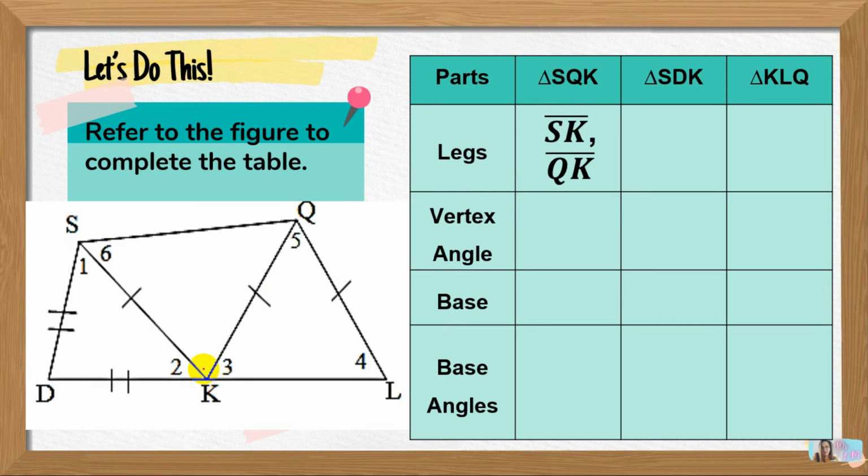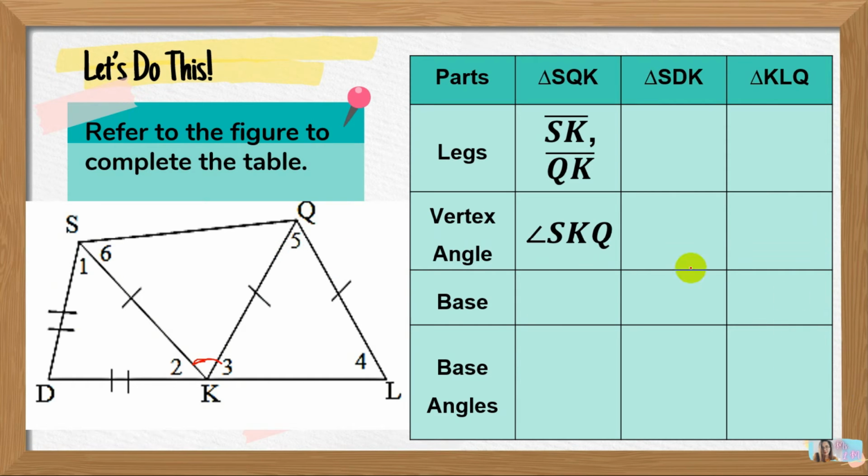Ito po siya. Ayan, itong angle na to. Kaya lang, hindi natin siya pwedeng pangalanan na angle K because point K is a common vertex to these 3 different angles. So, we're going to use the 3 vertices or 3 points to name this angle. Ano po ang pwede natin ipangalan? For this vertex, we have angle SKQ or QKS.